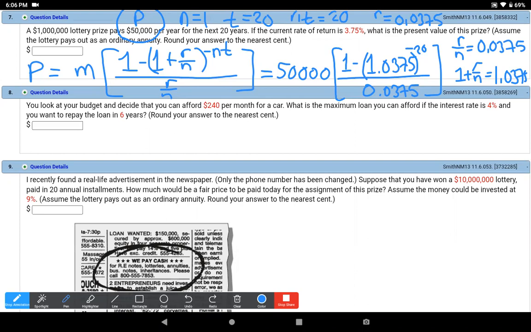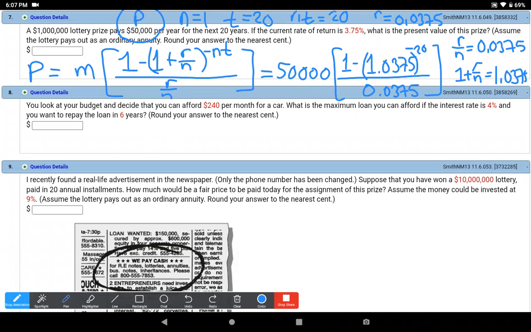So 50,000 times parenthesis for the quotient, parenthesis for the numerator, 1 minus 1.0375 caret negative 20 in parenthesis, divide by 0.0375 in parenthesis.